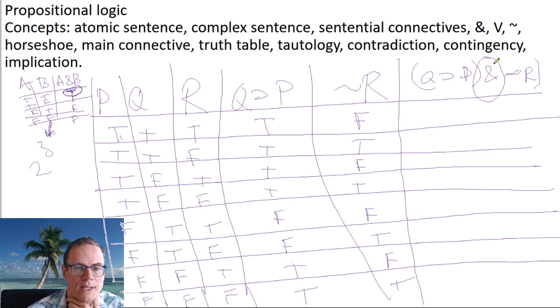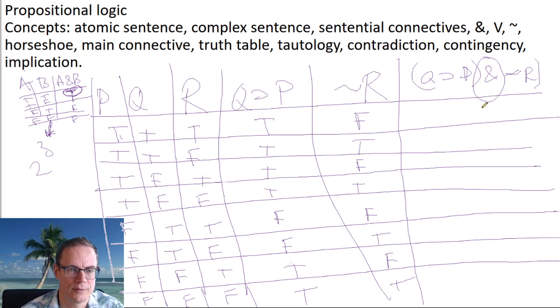So we have a conjunction, because an AND statement is also called a conjunction. And an OR statement is called a disjunction. We have a conjunction where the left conjunct is a horseshoe statement and the right conjunct is the negation of R. Well, luck has it they are right here. So we look at are the left-hand side and the right-hand side of this conjunction both true? And only then is the conjunction true.